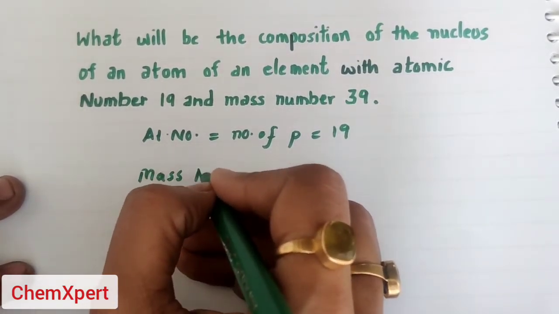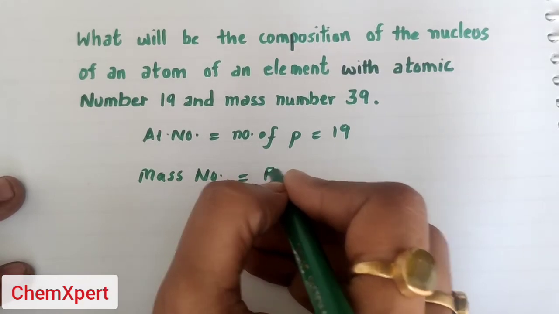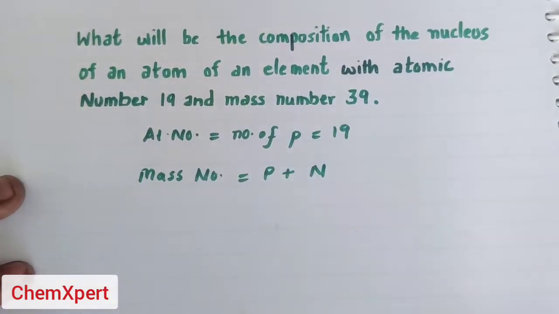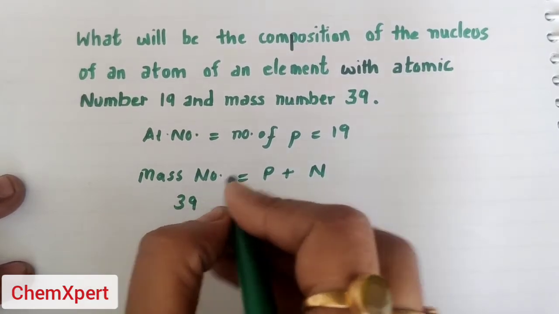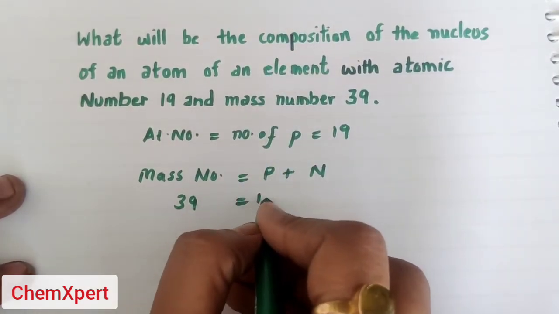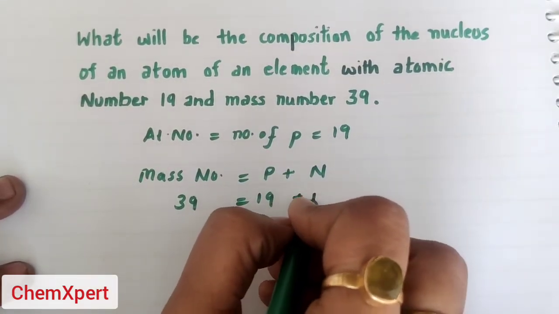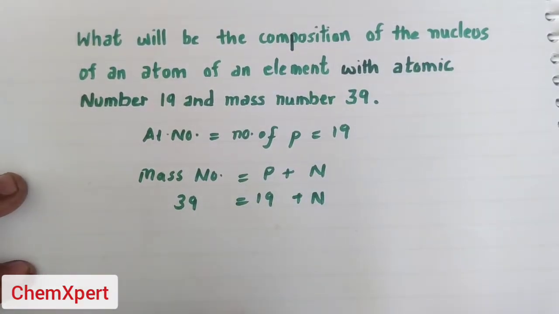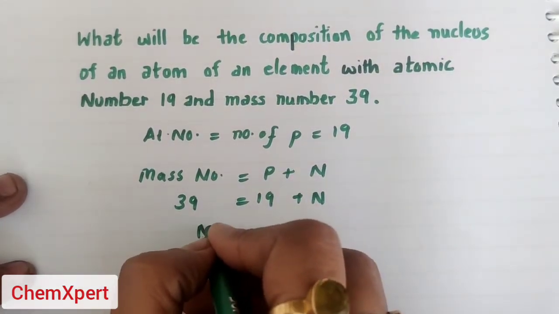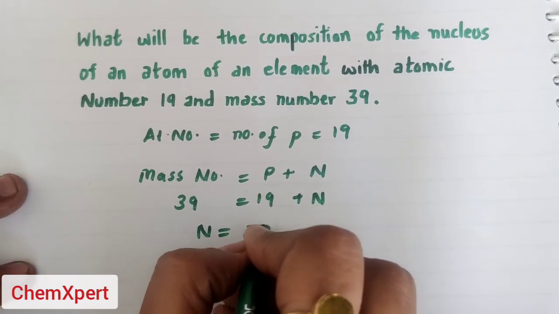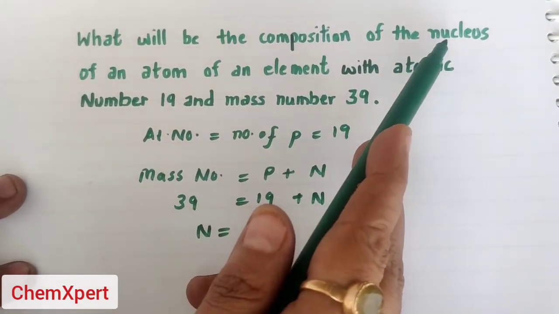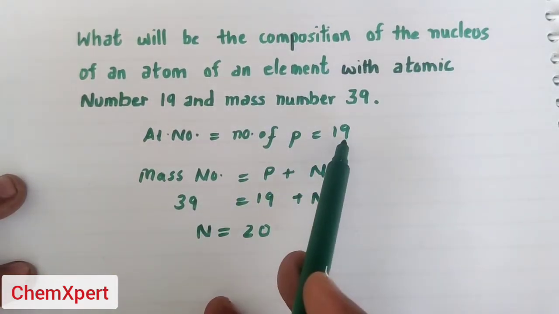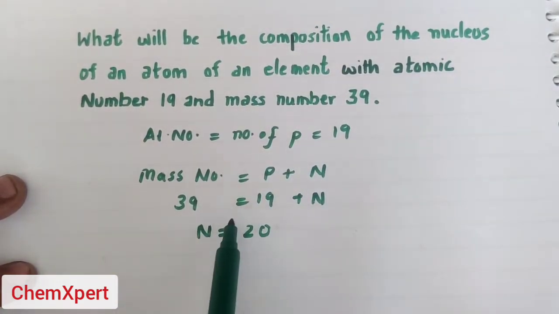Mass number is equal to protons plus neutrons. The mass number here is 39, and the number of protons here is 19. So by this we can easily calculate the number of neutrons, which comes out to be 20. So the composition of the nucleus is 19 protons and 20 neutrons.